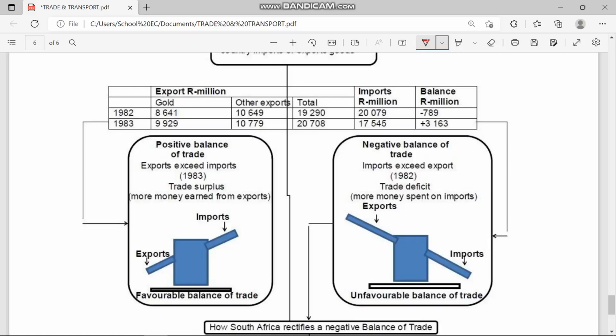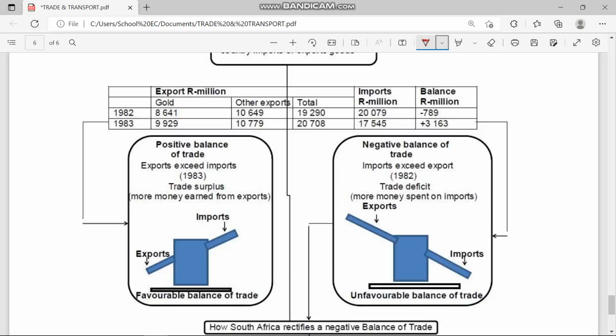Okay, meaning that we imported more value of goods than we exported, and the balance was negative, which is minus 789 million, meaning that we've lost money. That's a negative balance of trade. We've lost because the imports were higher than the exports.